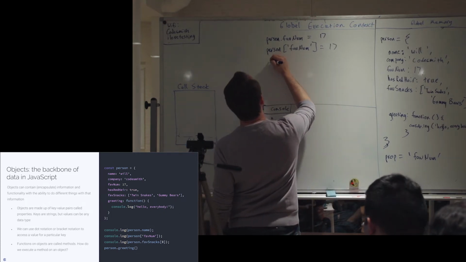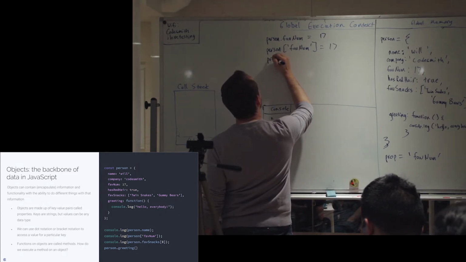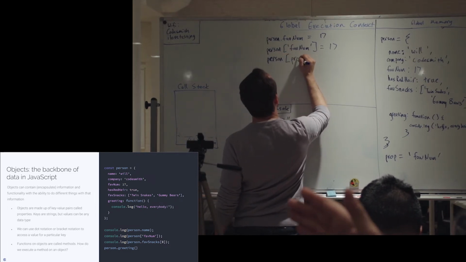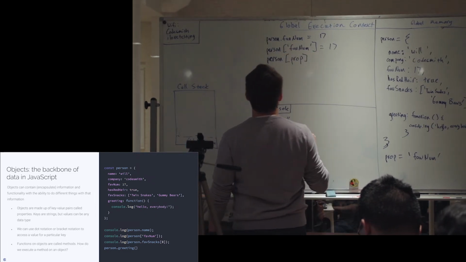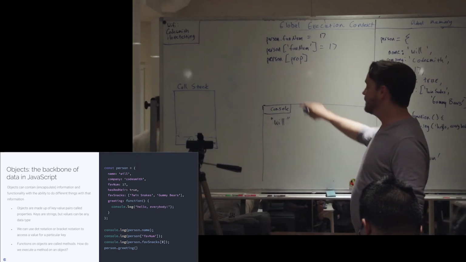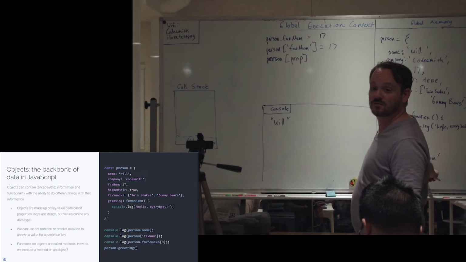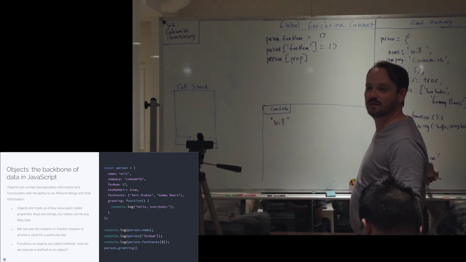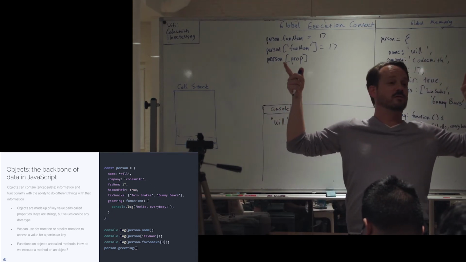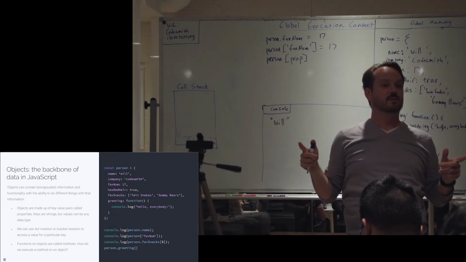So now I can still use my bracket. And I can say bracket prop, because prop evaluates to the string fave num, right? So when I say prop, and I don't have quotation marks around it, then it knows that I'm looking for a variable.